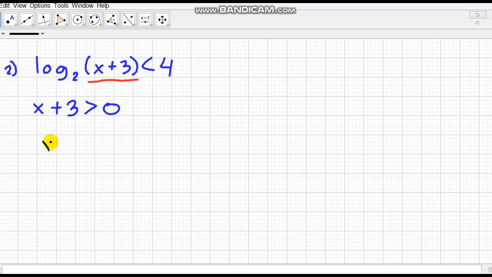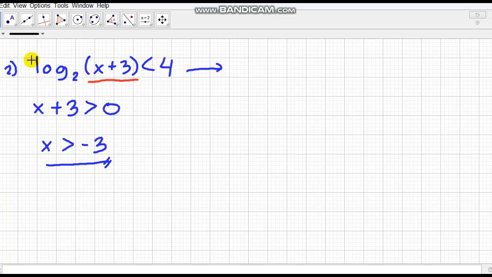So this means that x is greater than negative 3. So the values of x should be from negative 3 going up, not including negative 3. We will use this later when we have our solution set. So this is our first solution set that we have, which concerns the property of the argument.